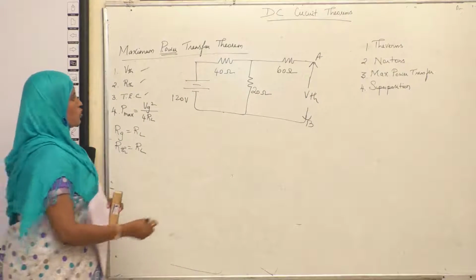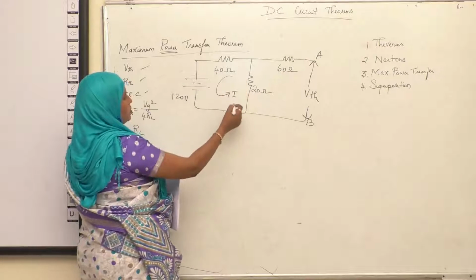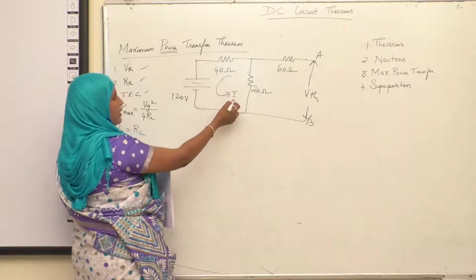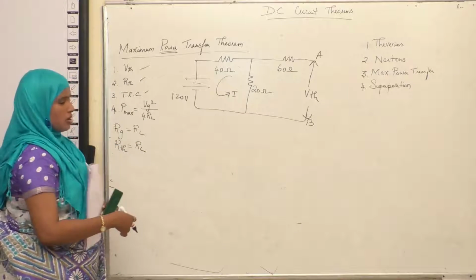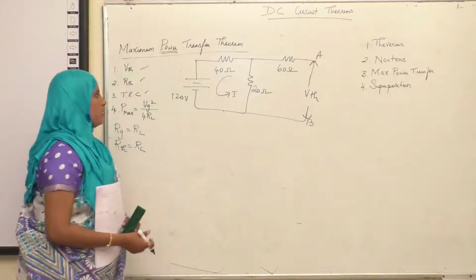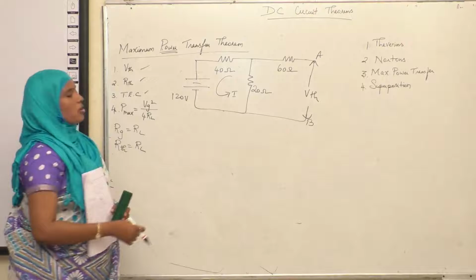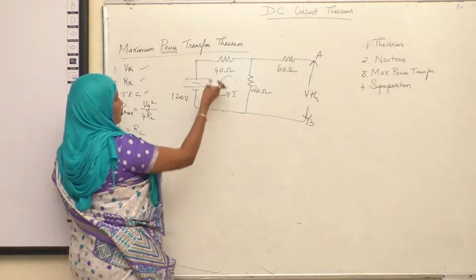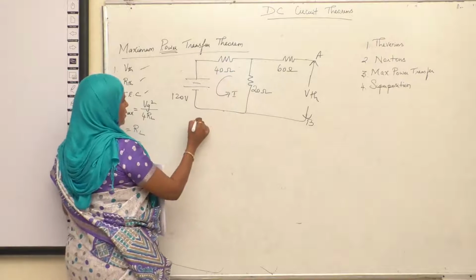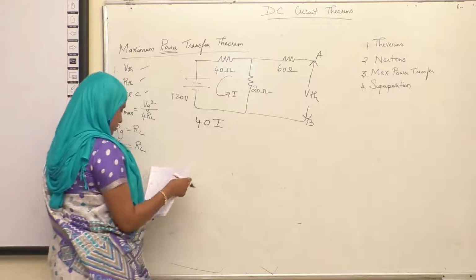There is one closed loop here and another loop here. Now in this closed circuit, you just assume current I is flowing through this. So apply KVL here. As you know, what is KVL? The algebraic sum of voltage across any closed loop is always 0. So the voltage across this 40 ohm will be written as 40I.